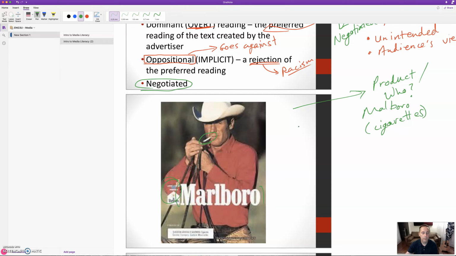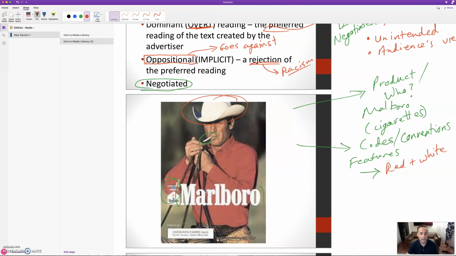Now let's think about some of the codes and conventions. Okay, what are the images and the other features of the ad? The features. What's the dominant color here? Or dominant colors? We have red and white. Alright?